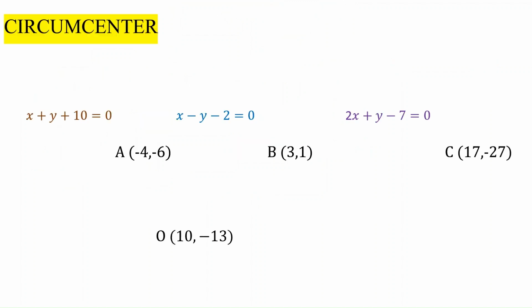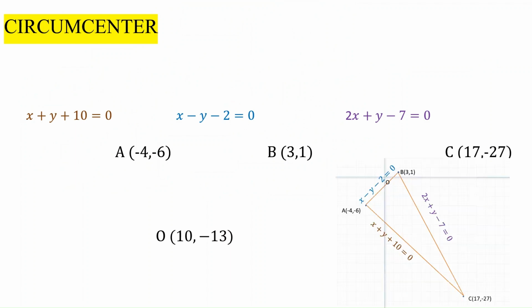Now we know the circumcenter to be 10 comma minus 13. But from the previous observation, we know this to be a right angle triangle. For a right angle triangle, the circumcenter is the midpoint of the hypotenuse. Here the hypotenuse is BC, and we have the values here. To find the midpoint, it is x1 plus x2 upon 2 comma y1 plus y2 upon 2. When we do that for the BC vertices, 3 plus 17 upon 2 comma 1 minus 27 upon 2.